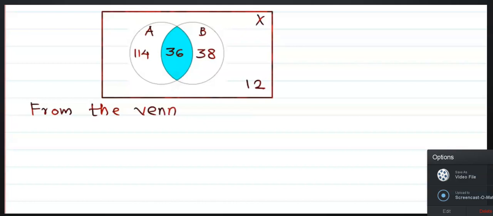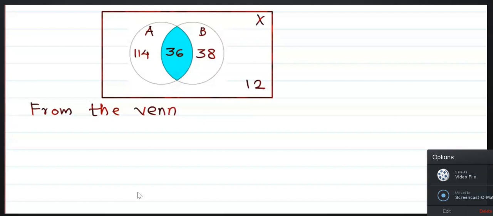If 150 had been exposed to the chemical A, 74 to the chemical B, and 36 to both chemicals A and B, find the number of persons exposed to A but not B, chemical B but not chemical A, and A or B.